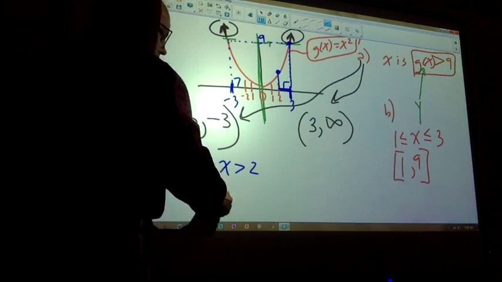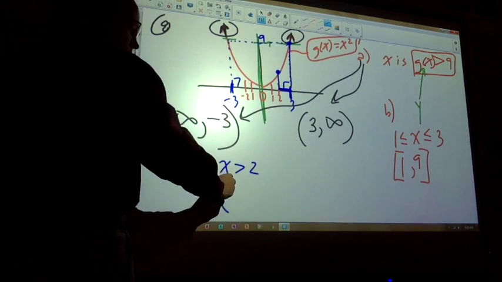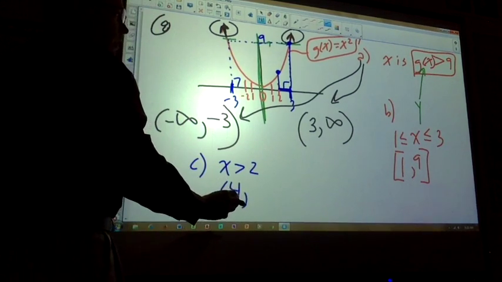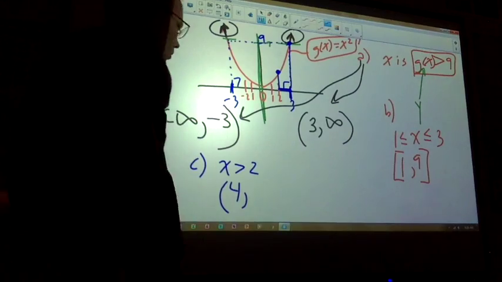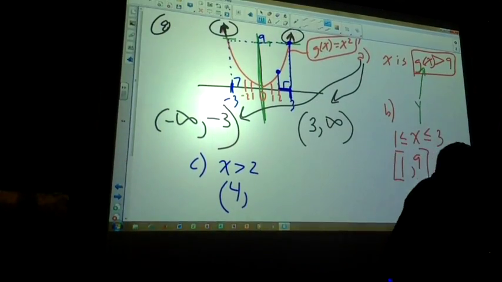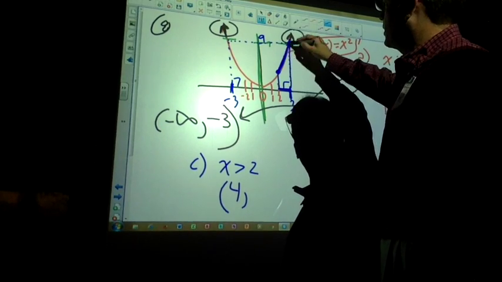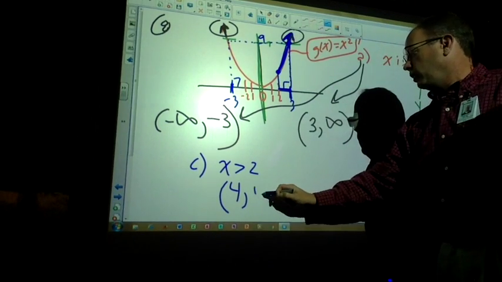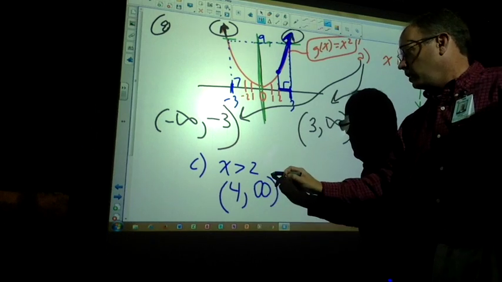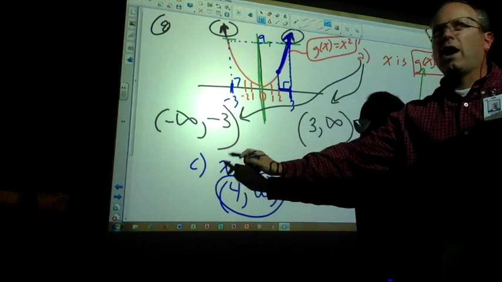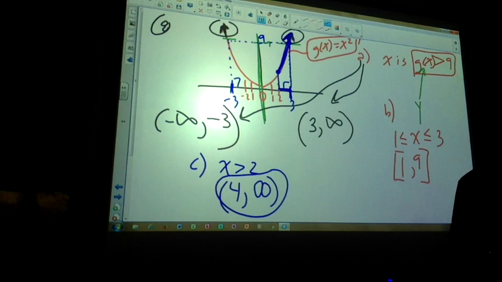Rounded bracket. 2 squared is? And are we going from 2 to 3 or just going greater than 2? Just greater than 2. So this is just going to continue this way. So 4 to infinity. And it's a rounded bracket because we have just greater than 2.